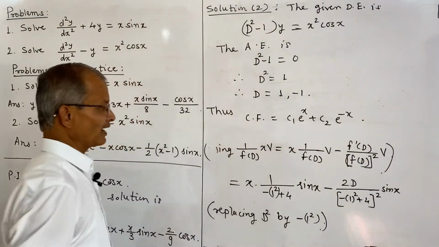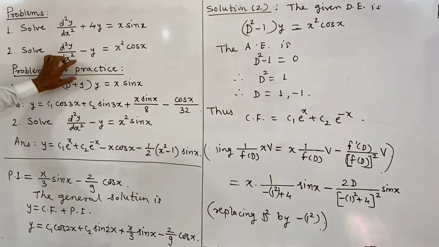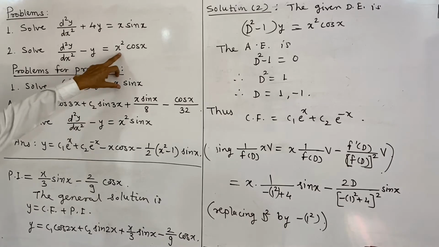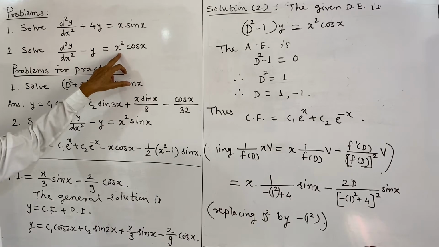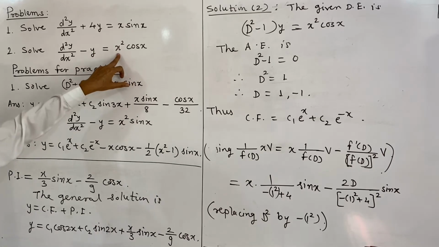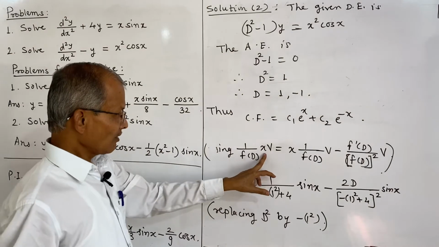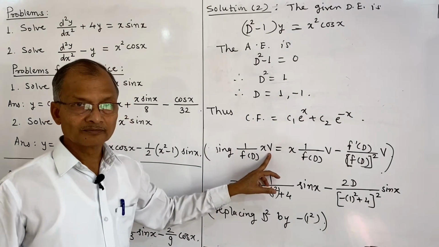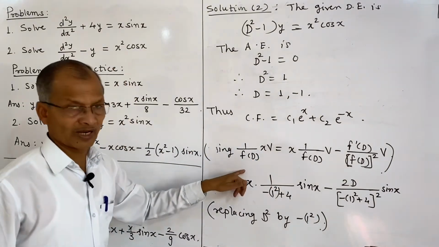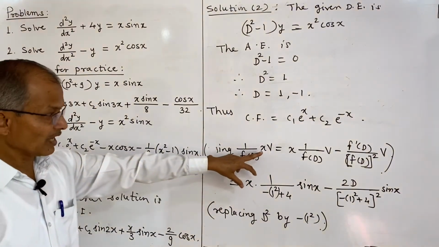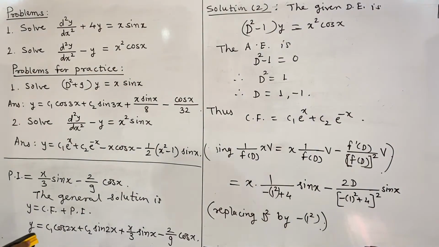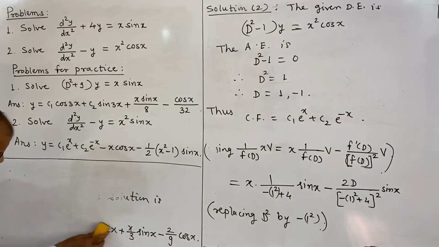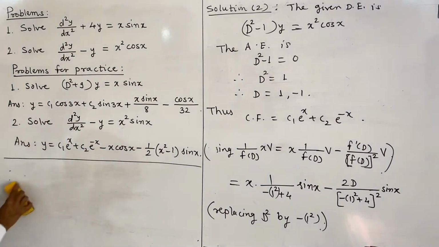Now what we want to find is the particular integral, which will be 1 over D square minus 1 operated on x square cos x. Here is the term with second power of x, but we have the formula for 1 upon f(D) of e power ax into V. If we want to use the same formula, we have to use it in succession 2 times, because x square cos x will first be written as x into x cos x, and then again we have to multiply.